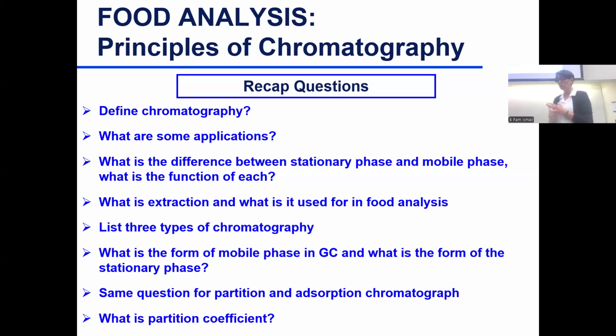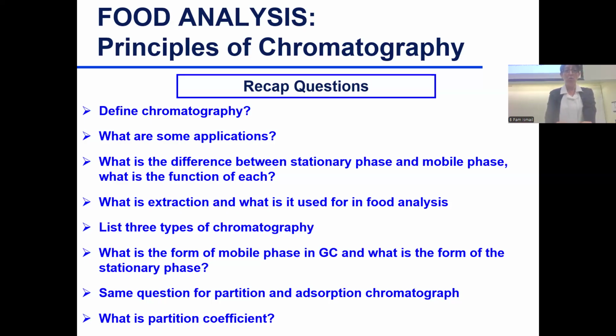You can do sugar and oligosaccharides, vitamins, organic acids, pesticides, antibiotics. Oh, the list is huge. Like I said, we will learn chromatography, then we will have a lot of applications that we will talk about later on in different chapters using chromatography.